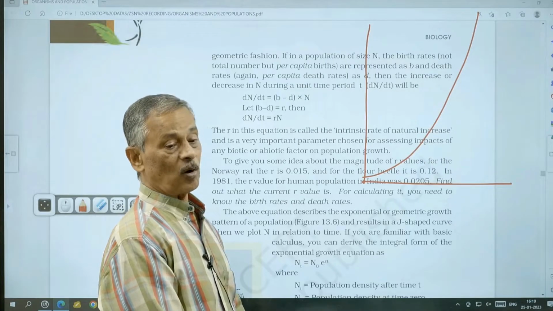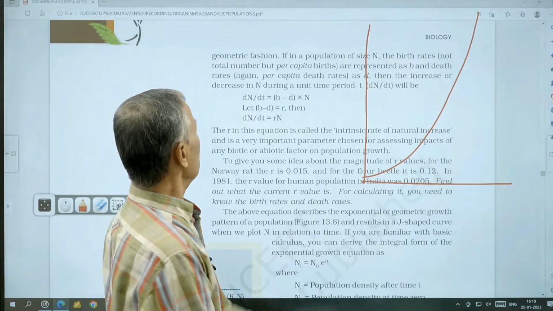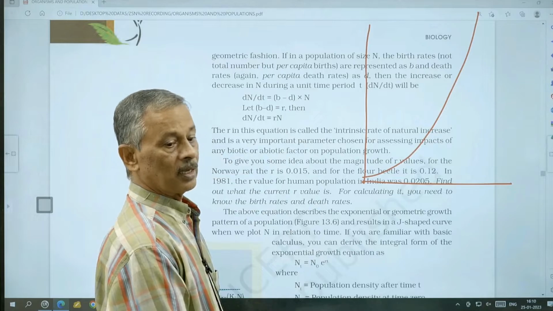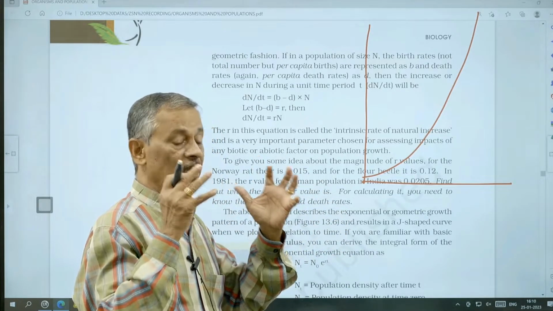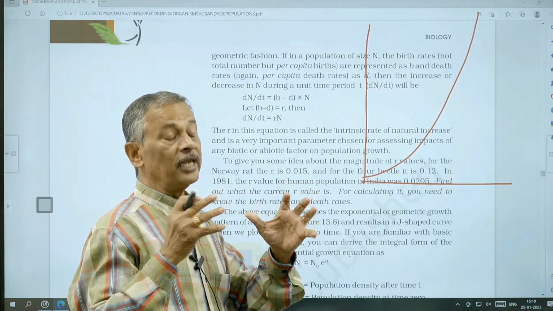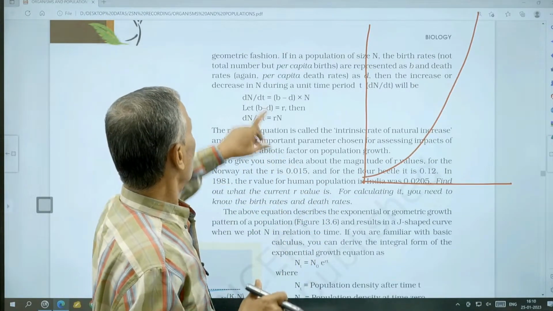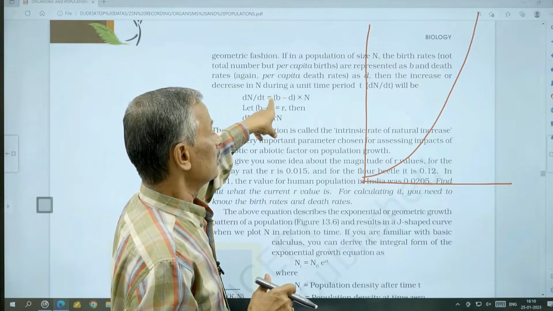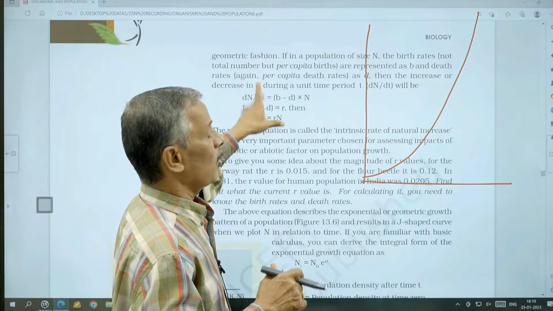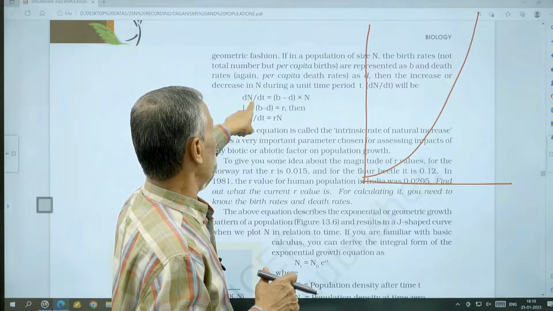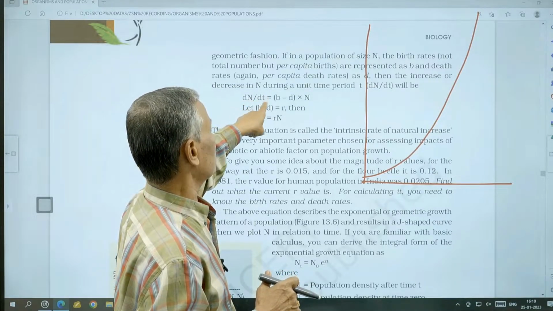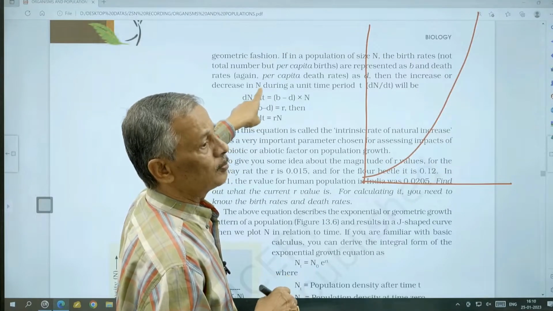This type of population growth will be continued when the organisms are utilizing all their ability in reproduction. So, what is the change in the rate of population? dN, difference in number divided by difference in time. That is the rate of change in population.